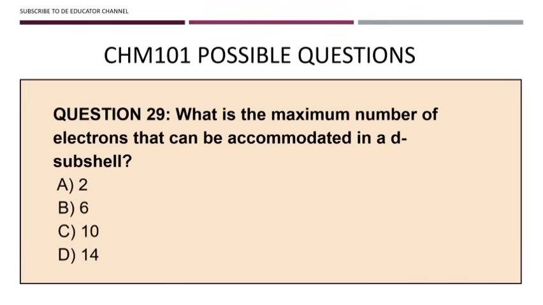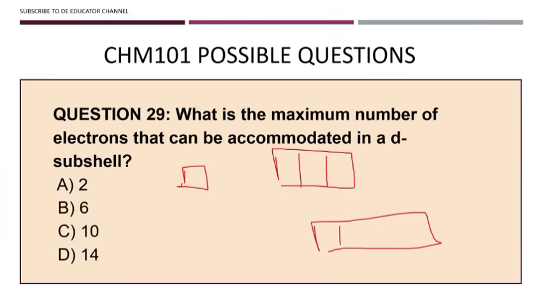What is the maximum number of electrons that can be accommodated in a d subshell? Remember, we have s, we have p. This is p here, and then we have d. This is d, 1, 2, 3, 4, 5, and then we have f. F is 7. So the orbitals, remember they said d subshell, not d orbital.